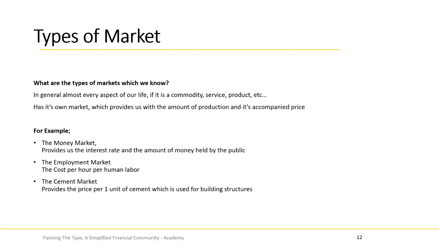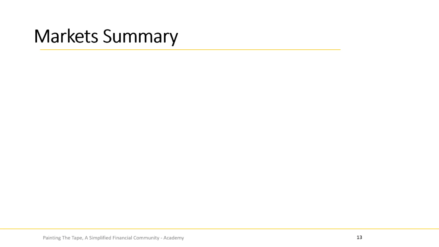The employment market, what is the labor cost per 1 hour, let's say for cleaners or in general. The cement market, what is 1 kilo or 1 pound of cement? And we can go on and on. Diamonds, tomatoes, vegetables, everything we decide can be here.